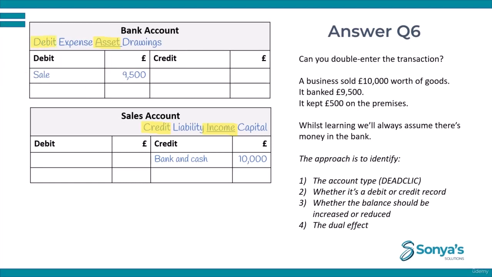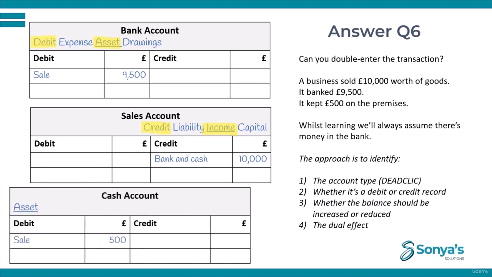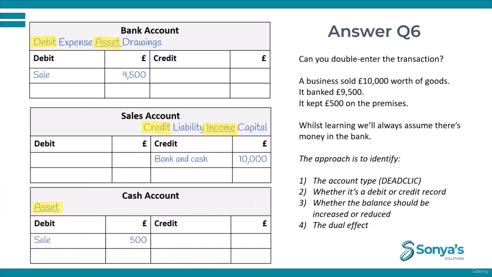Cash is an asset, so debiting the account increases the account balance. That's the amount of money at the bank. The cash account is also debited with £500. The entries balance as the total of the debit entries equal the credit entry of £10,000.